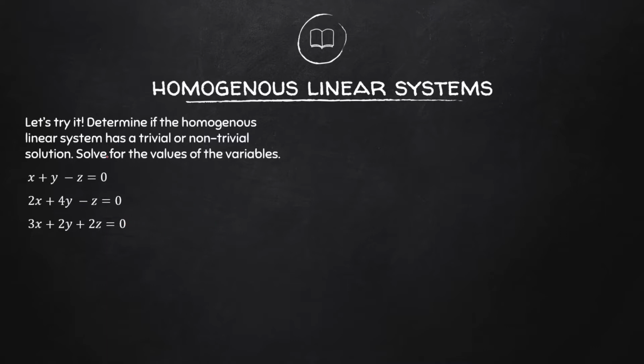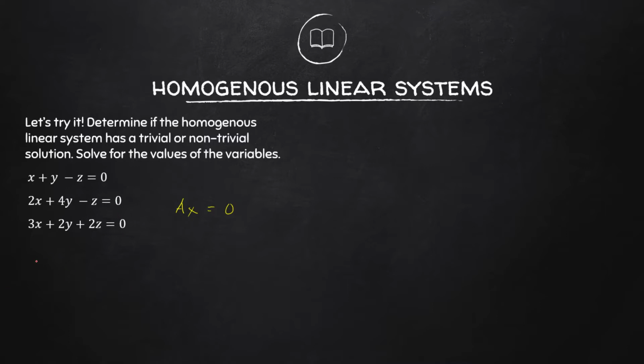So let's try to write this one in its matrix equation. Remember, in matrix equation, that would be A, the coefficient matrix, times the column matrix for the variables, and that is equal to the 0 matrix, the column matrix for the constants as shown in the system of linear equations.